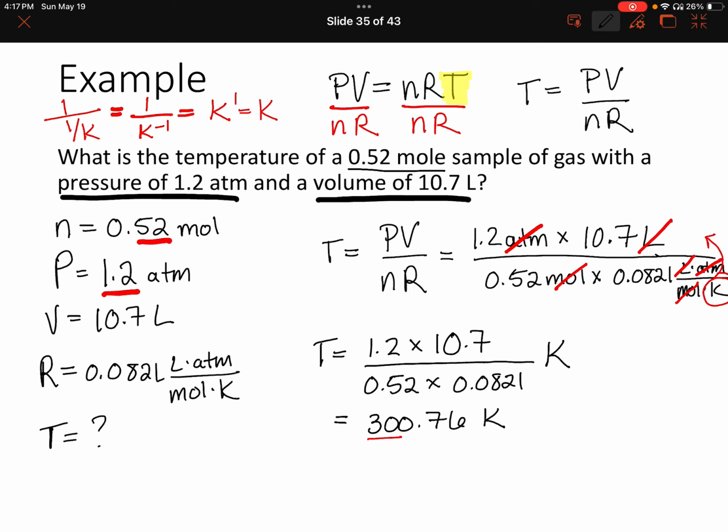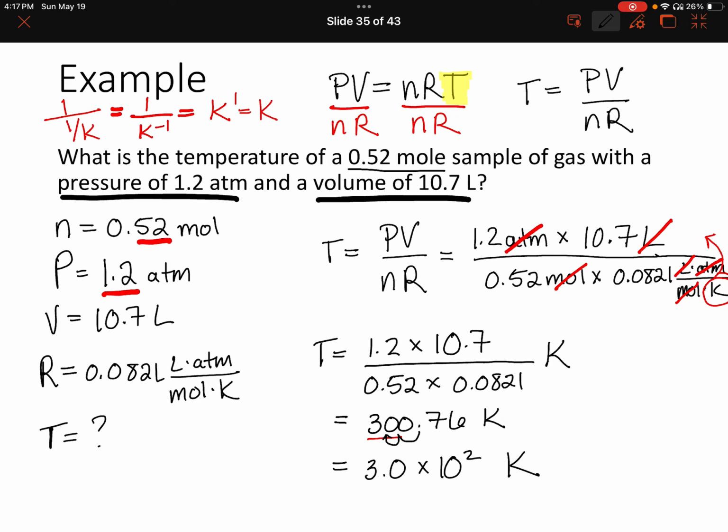And there isn't really a good way to round this to give us 2 sig figs, so let's write this in scientific notation. So 3.0 times 10 to the second. It seems a little odd to write a temperature in scientific notation, but you can do that if you need to.